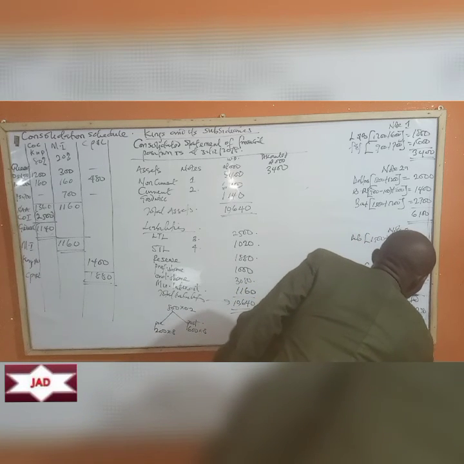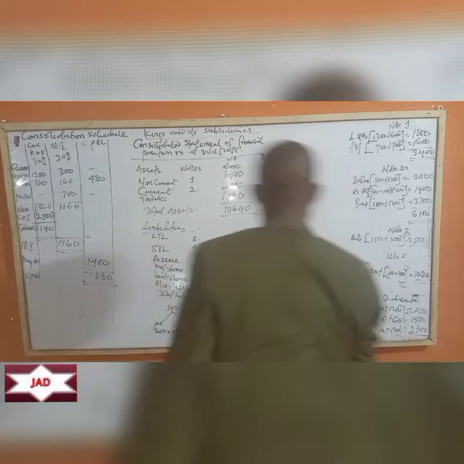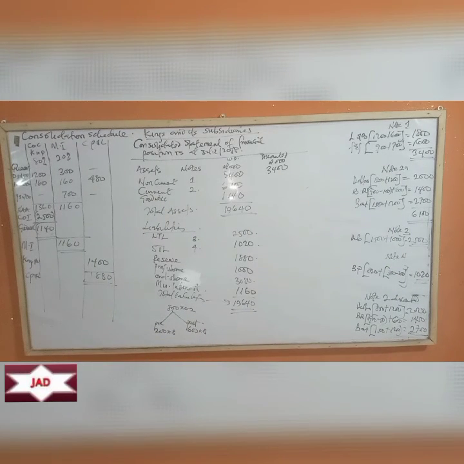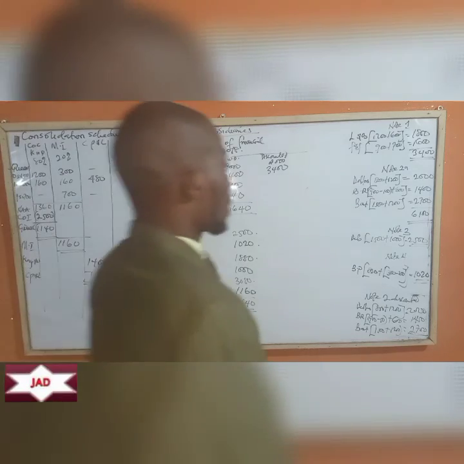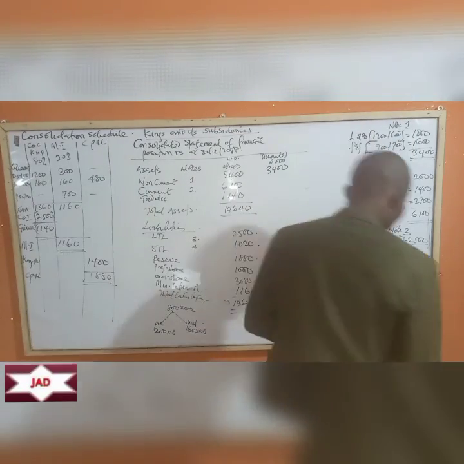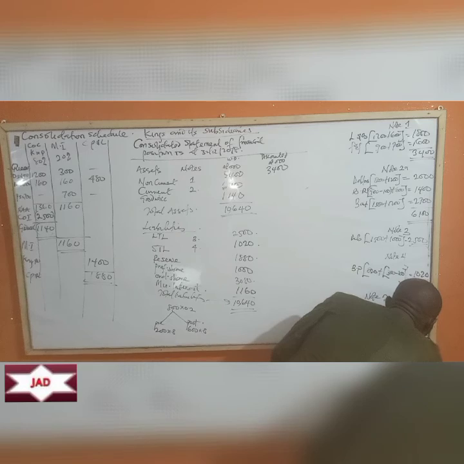So what do you have? You add up. You have 2,000 plus 1,450 plus 2,700. 6,150.